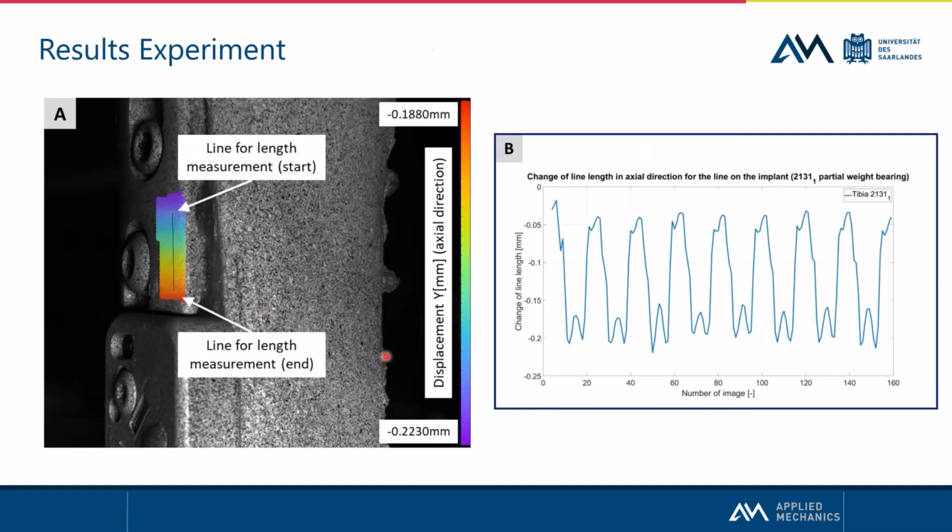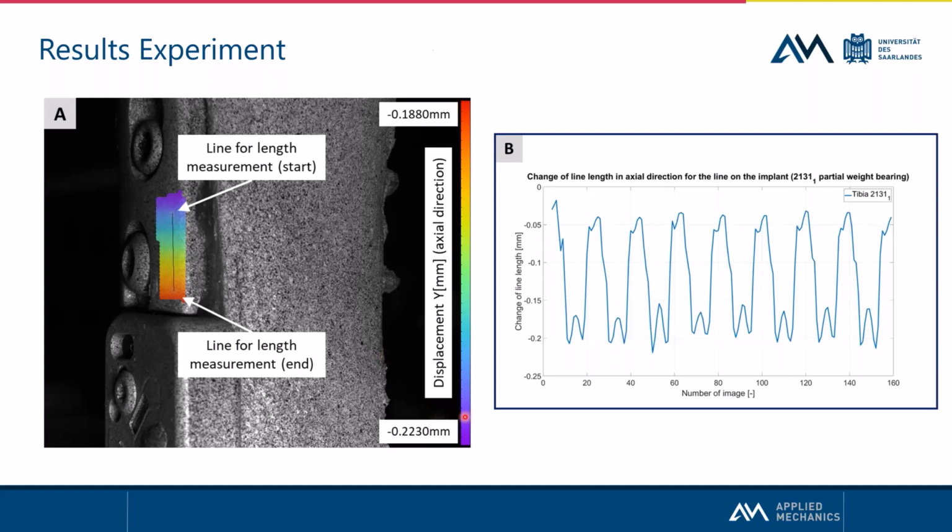For the results, here is a picture from the digital image correlation analysis. We first take a look at the implant strain here. We take a closer look at the change of line length in our axial direction.